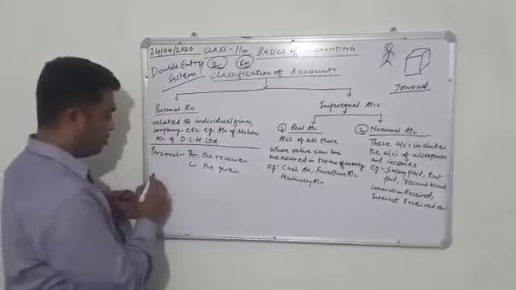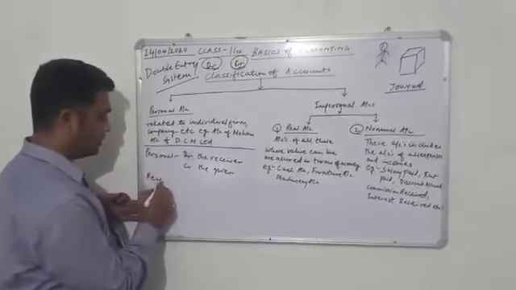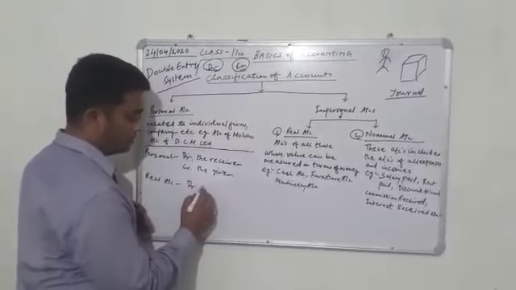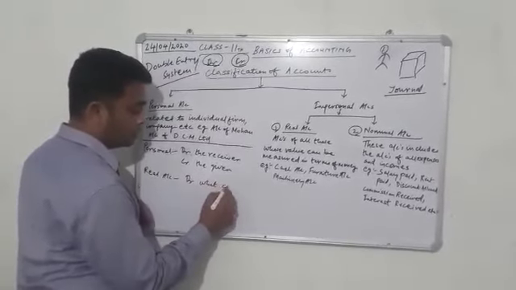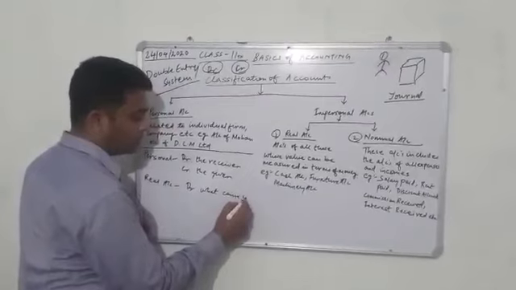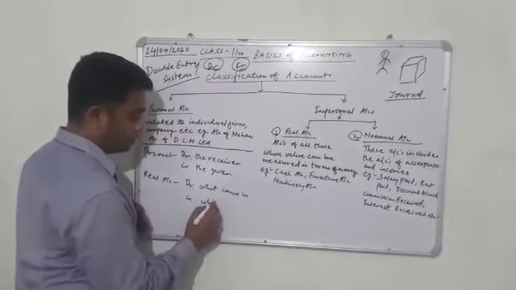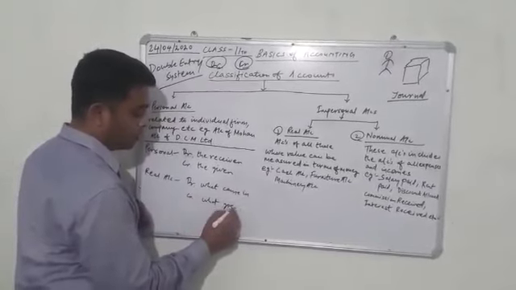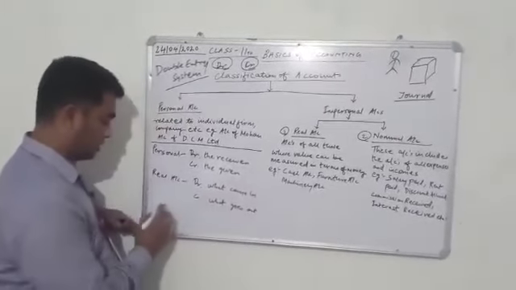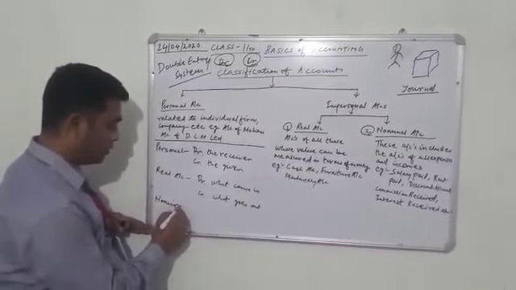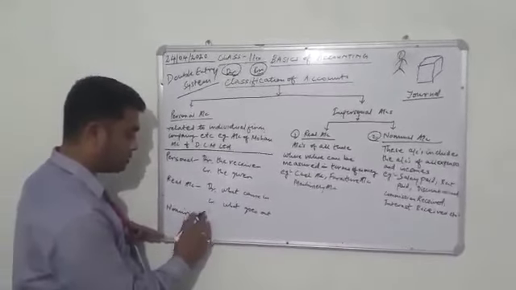Now rule of real account says that debit what comes in, credit what goes out.